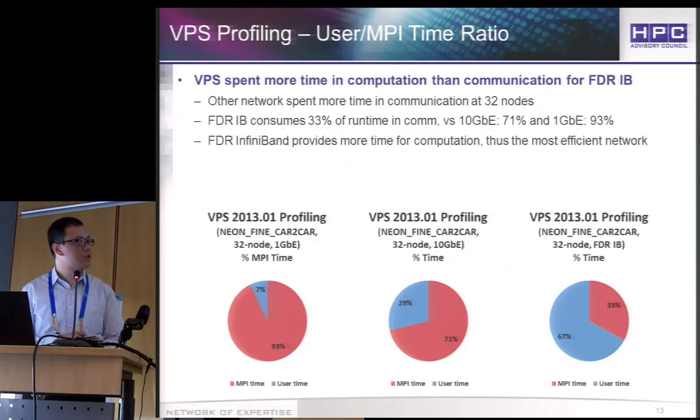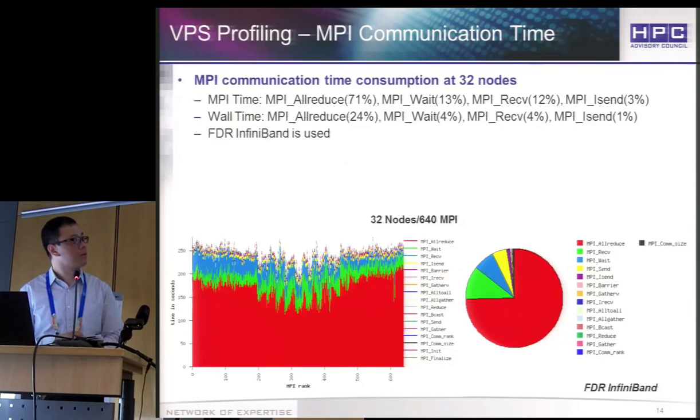For 10 gig E, you will end up with around 71%. For FDR InfiniBand, we get around 33%. So this actually shows you why you save time on communication so that you can have more time for computation, which shows you why FDR is best performing.